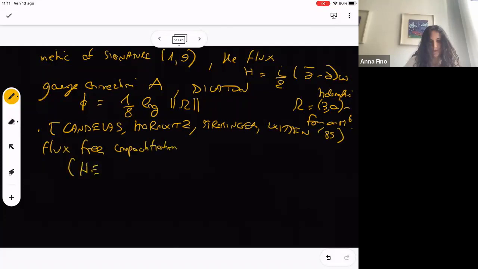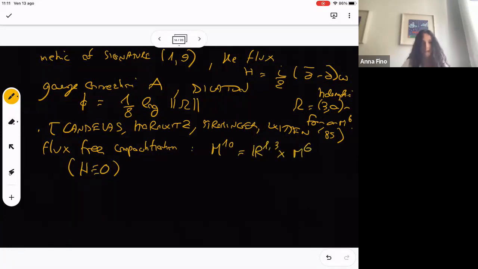So H is 0 in this case, and we have M10, like R^{1,3} locally, times M6 with the product metric.